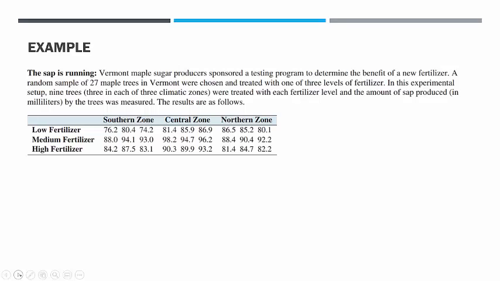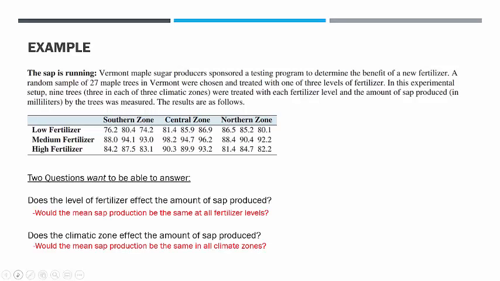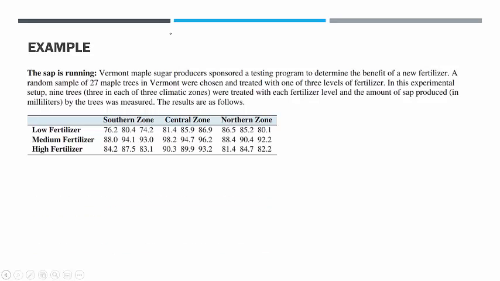When we look at an example like this, before we get to that, the first thing we want to do is some kind of statistical test to determine if there's an interaction effect.